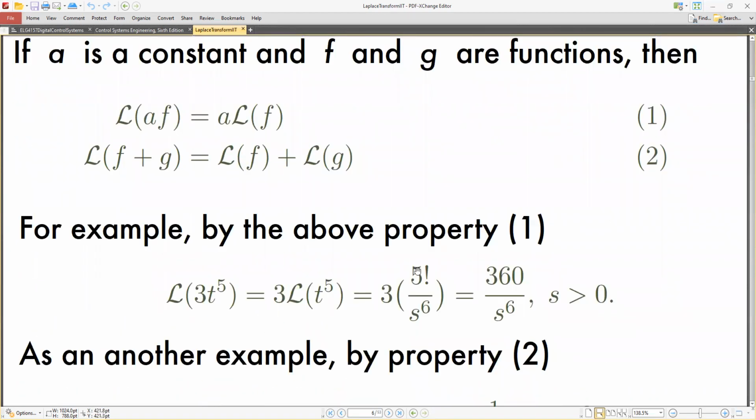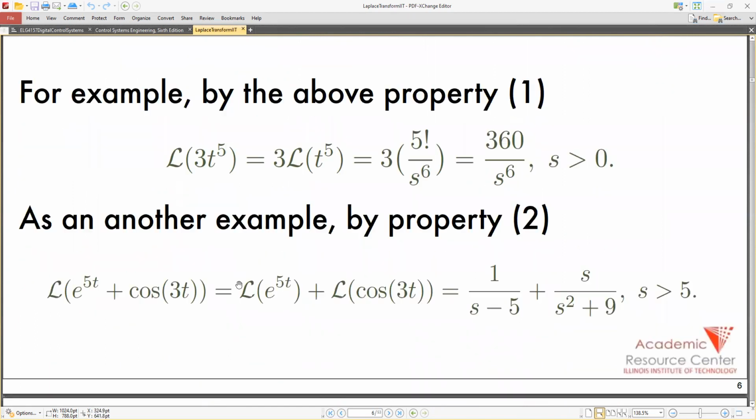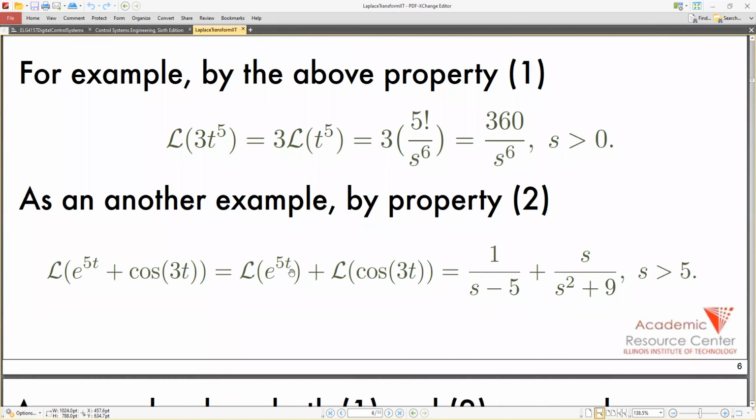For example, by the above property, L of 3 t to the power 5 would be 3 times the Laplace transform of t to the power 5. And see, by property 2, the Laplace transform of e to the power 5t plus cos of 3t is equal to the Laplace transform of e to the power 5t plus the Laplace transform of cos 3t.